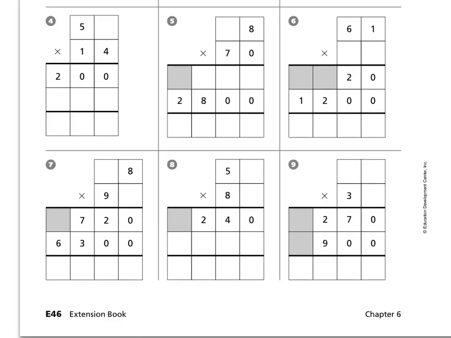Let's move on to number 4. The first one that I need to think about is what times 14, or actually this one is written backwards because I have the 4 on the bottom, which would be 4 times what up here would get us 200.